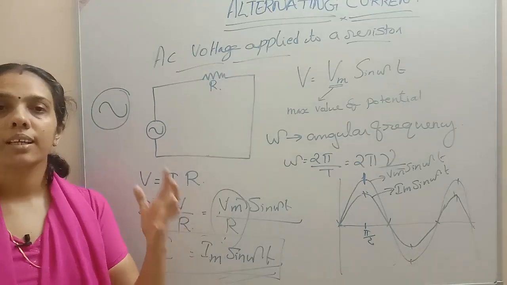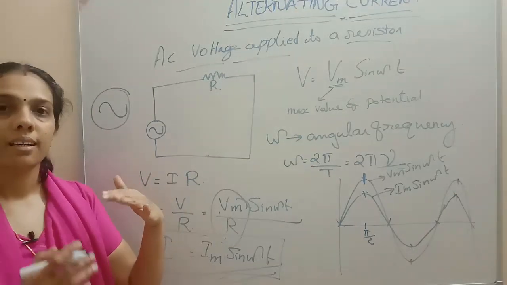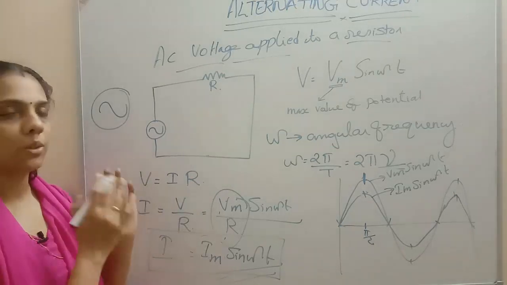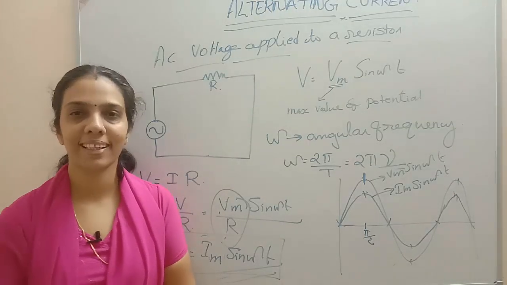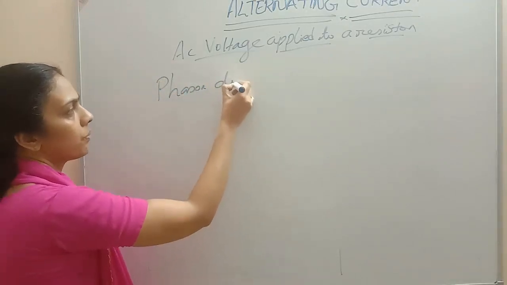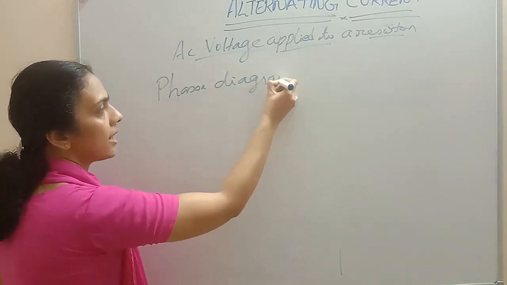Now, how can we represent this as a phasor diagram? That is very, very important. Next, we are going to study the phasor diagram. So, next is the phasor diagram. What is this phasor diagram?